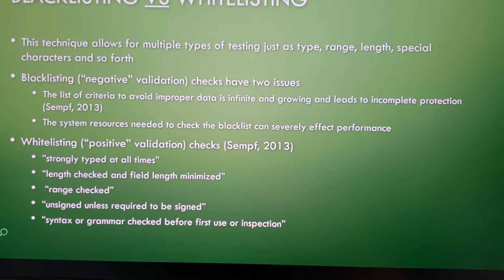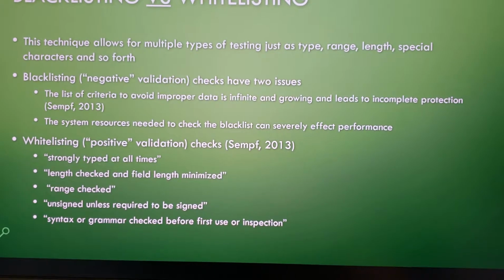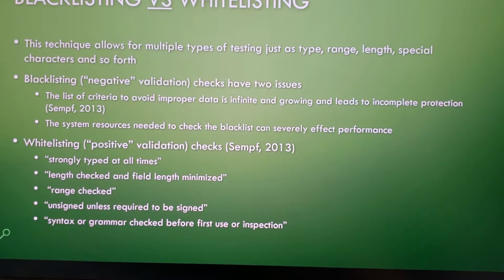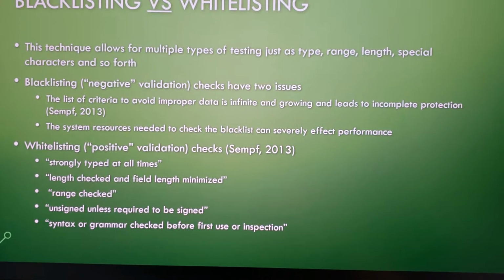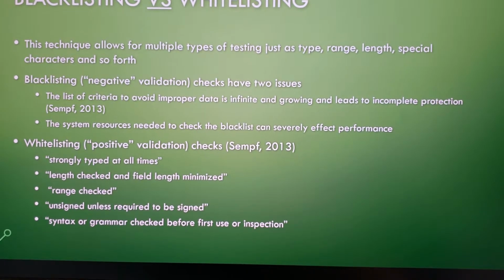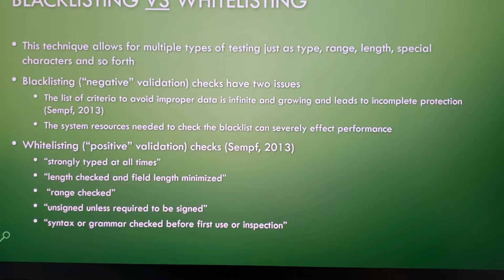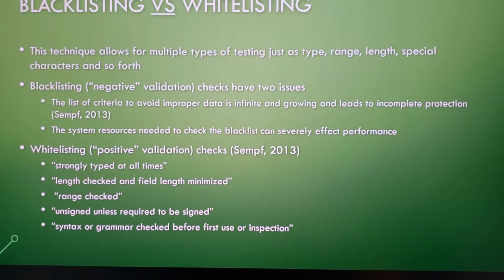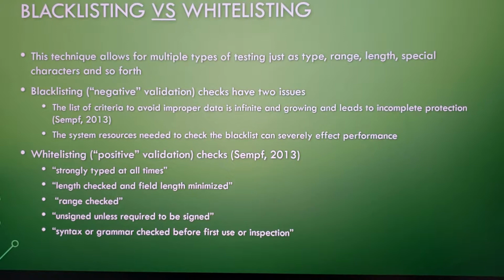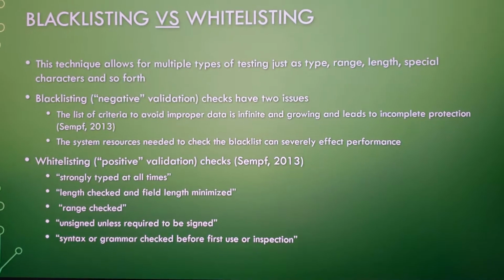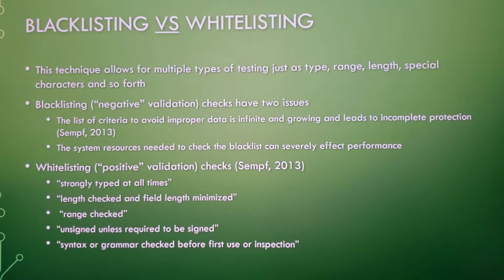Whitelisting, also known as positive validation, checks: strongly typed at all times, length checked and field length minimized so that it is in the proper length and uses just the amount of length it needs to. Range checked, that is, if the values need to be between 2 and 100, is it within that 2 and 100? Unsigned unless required to be signed.